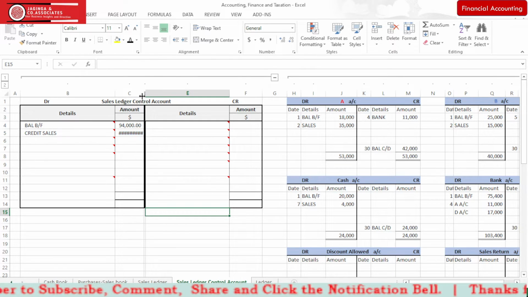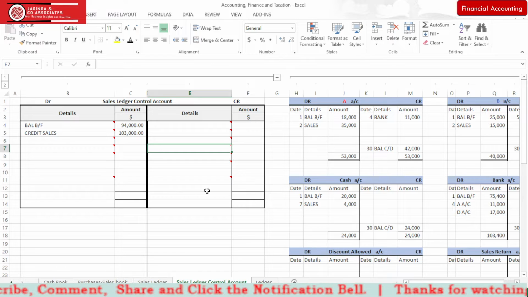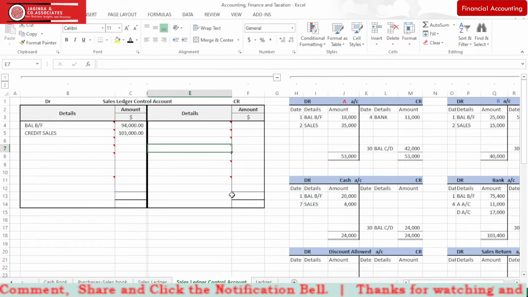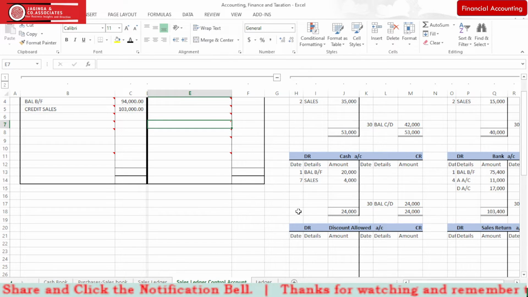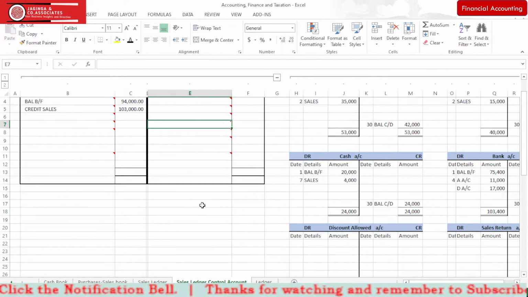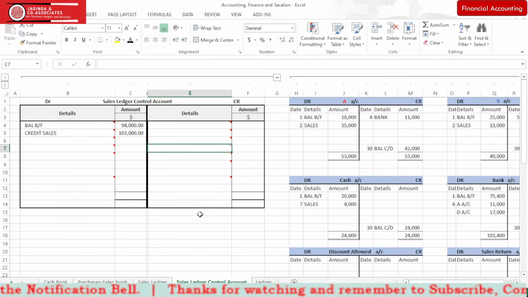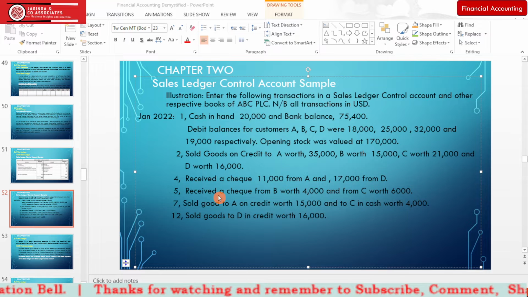Okay. But we need to confirm if whatever we are doing here is correct. So we need to confirm if sales for D is correct. So let's go to our illustration.